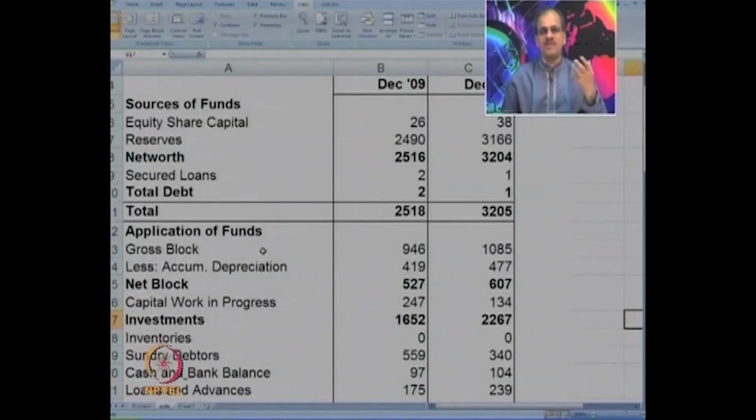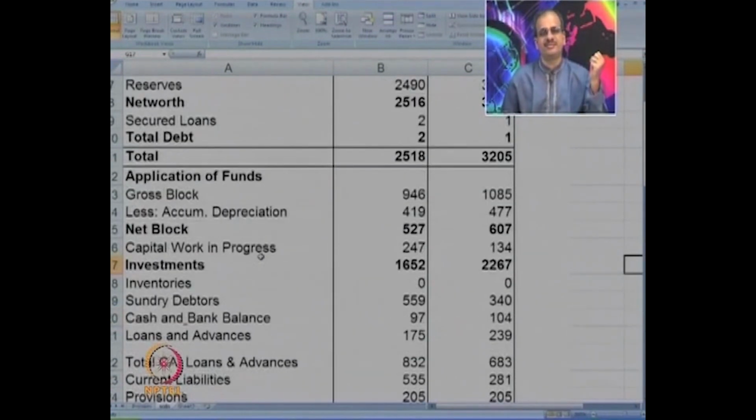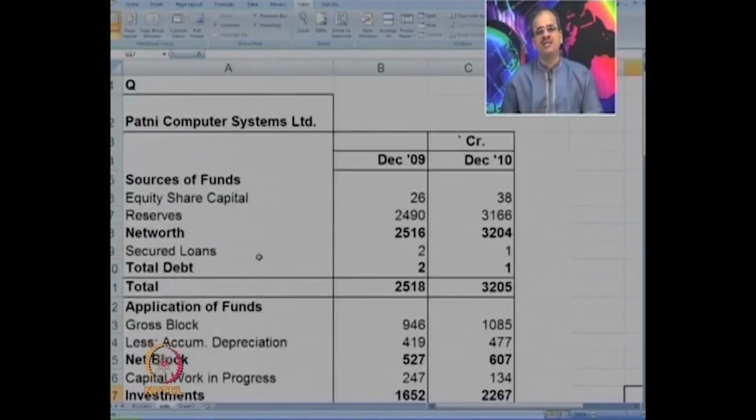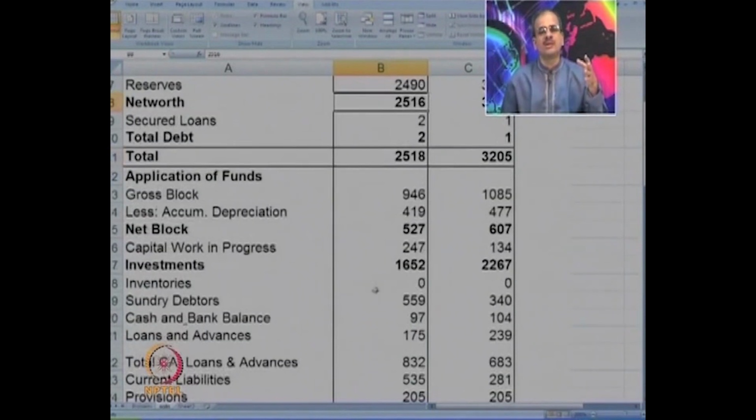Okay. So, what do you observe by looking at the balance sheet prima facie? You can see here that the company is very less dependent on loans. It is almost fully financed by its equity, which is the case for many of the software companies. If you look at the assets, you will realize that inventories are 0, again because it is into services.